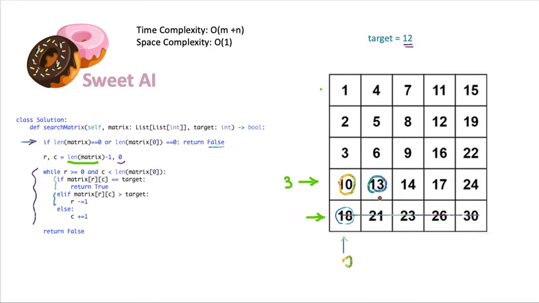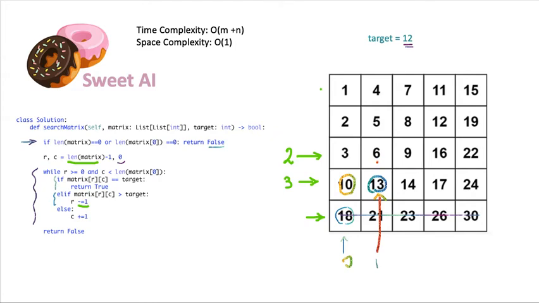So now the column pointer is pointing at this number, and then we check if 13 is equal, which is not. It is bigger, and if it is bigger, we are going to decrease 1 from the row, so we go to row number 2, but the column is still pointing at 1, as you see here.